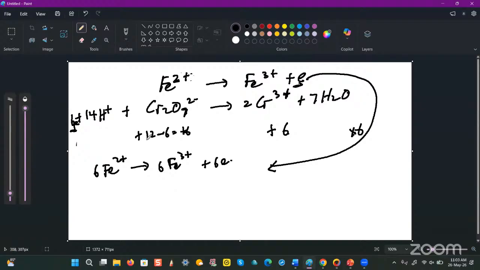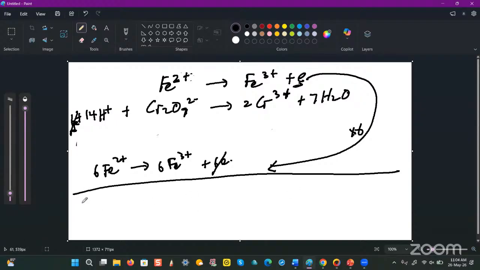Then what we have to do is add this equation to this equation, and in so doing, we have to cancel out all common items on both sides. Let me just erase this to avoid confusion. So basically, we'll be adding both equations together. We cancel out those items that are common to both sides. Now, in this case, that will mean that these 6 electrons will cancel out these 6 electrons. And we simply write down what is left.